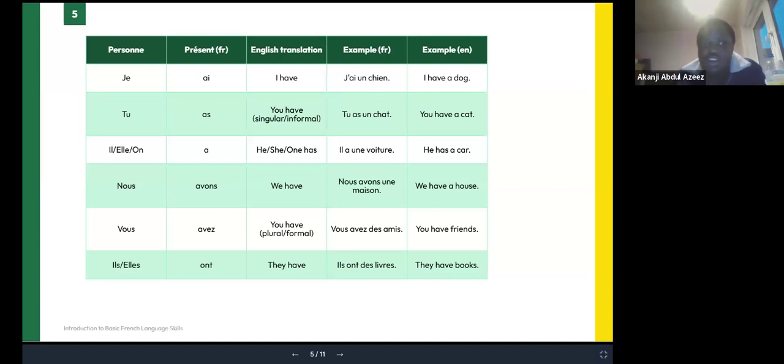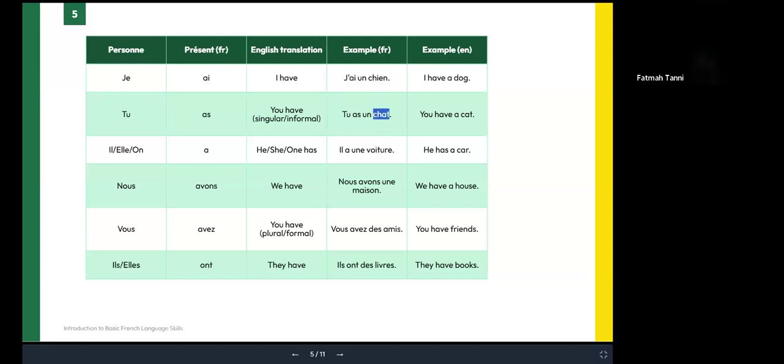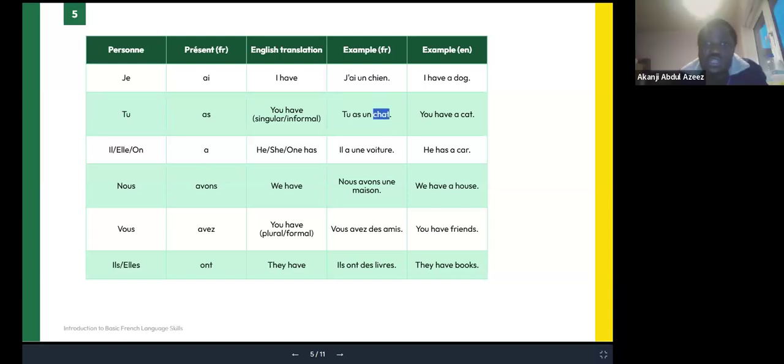If it's a female cat, you say une chatte. You put e at the end, with a double t. I don't want us to go there, but let me just mention it. If it's a female dog, une chienne, you put e.